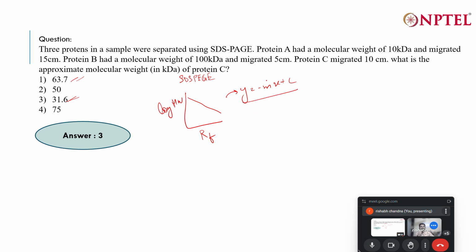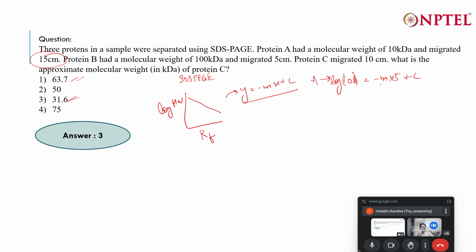Now for the simplicity of the calculation, we'll be using the values given here as the relative migration. So for the first protein, that is protein A, we have log 10 that moves through 15 centimeter.